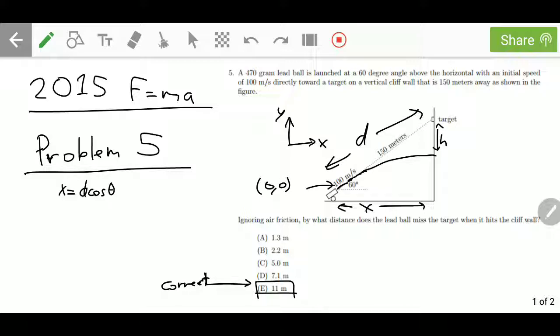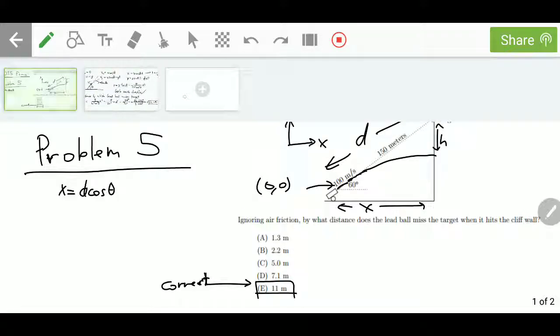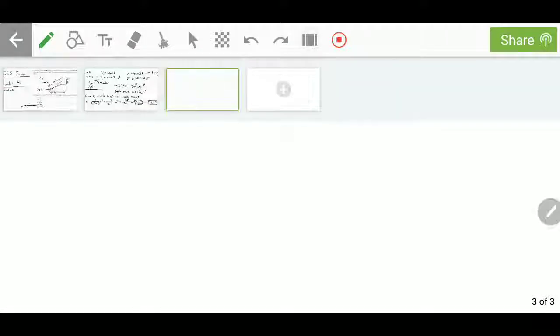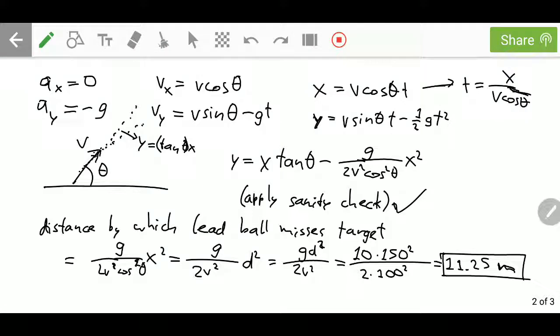And now I want to show you one really nice way of seeing that the answer has to be this much. So one thing that you may notice is that this distance, 11.25 meters, is just the distance that an object would fall from rest.